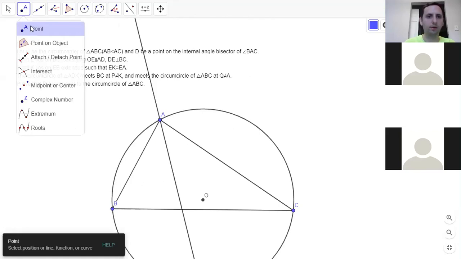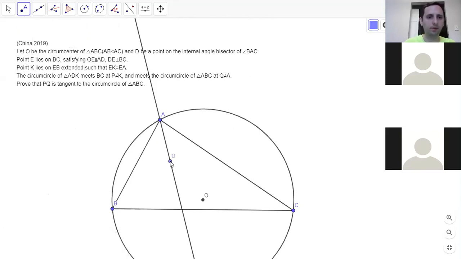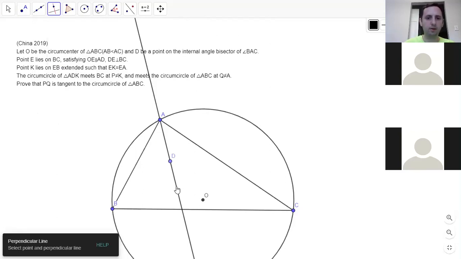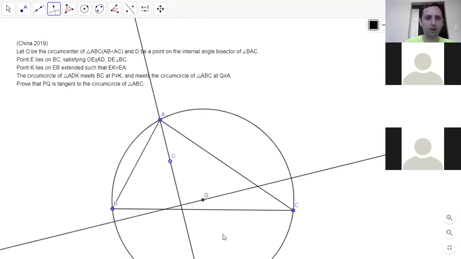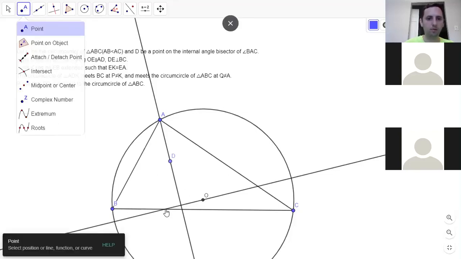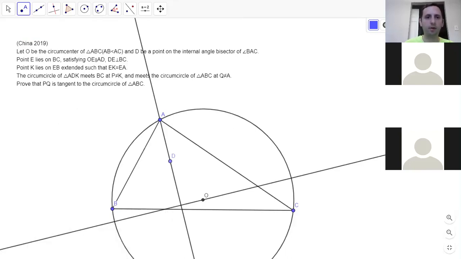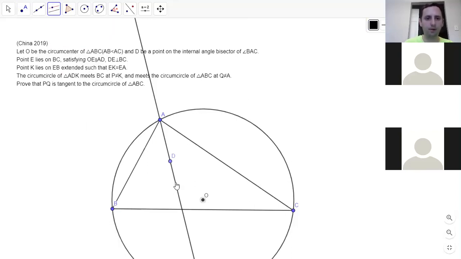So let O be the circumcenter of ABC. And D is a point on the internal bisector. Where's the bisector? All right, I'm going to close that. And now I have point D, and E lies on BC. So OE is perpendicular to AD. And DE is perpendicular to BC. So, OE is parallel to AD, I'm sorry, OE is parallel to AB, and DE is perpendicular to BC.